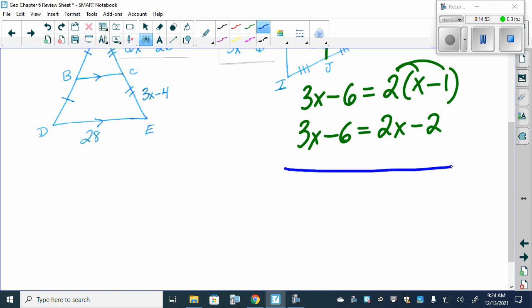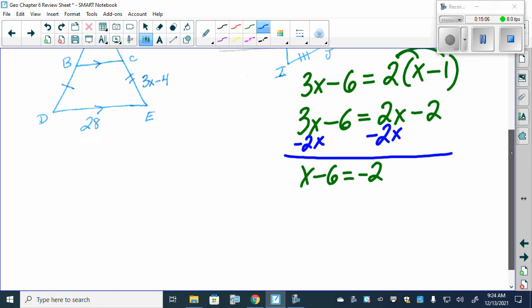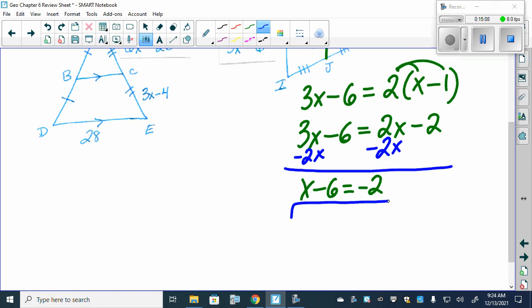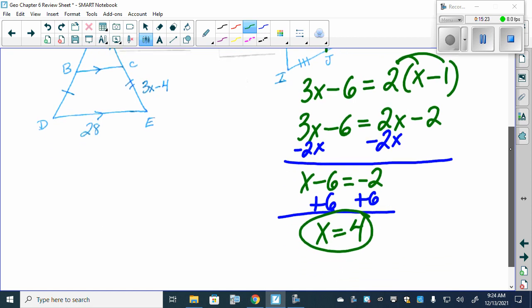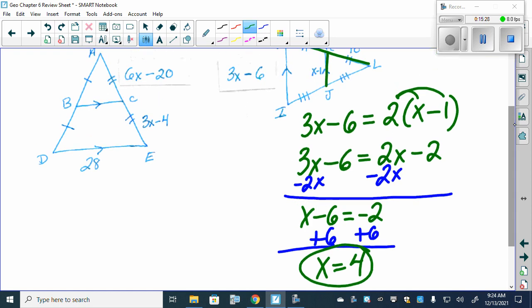Now we need to solve for the value of x by subtracting 2x from both sides. Add 6 to both sides. Which will tell us that x is equal to 4. Any questions on how we found the value of x? So which equation would we plug it back into?